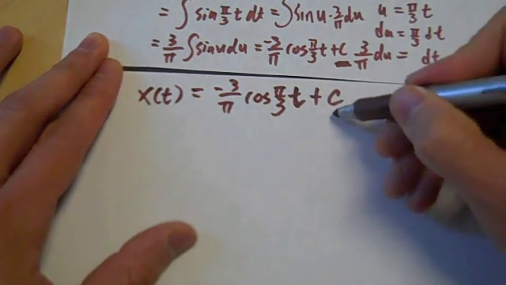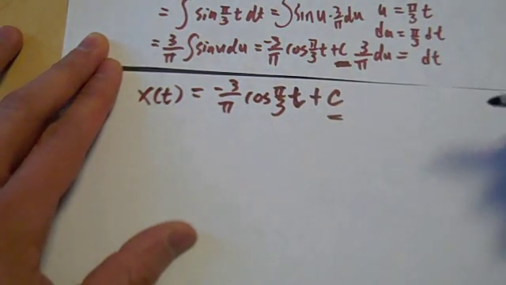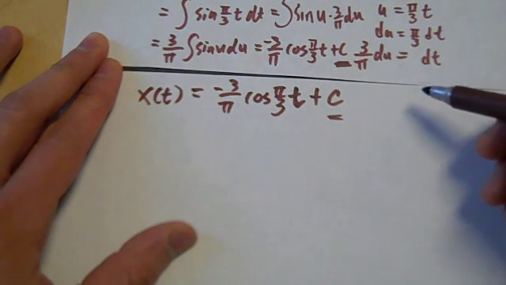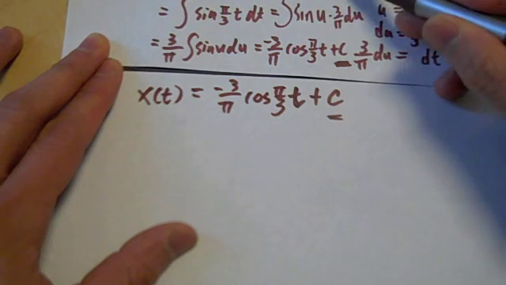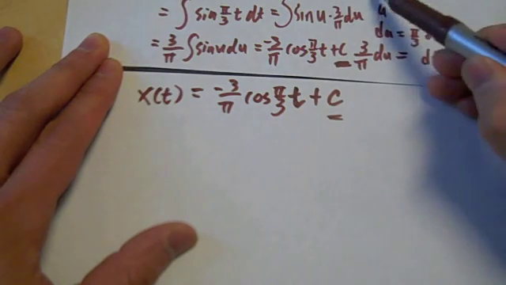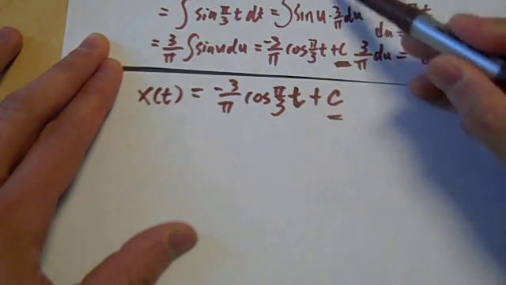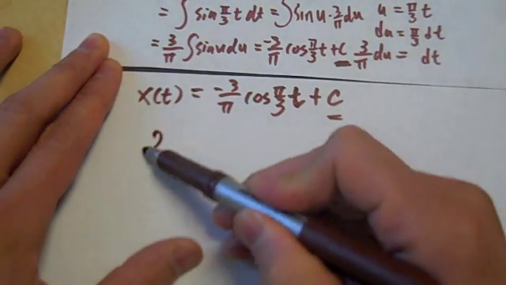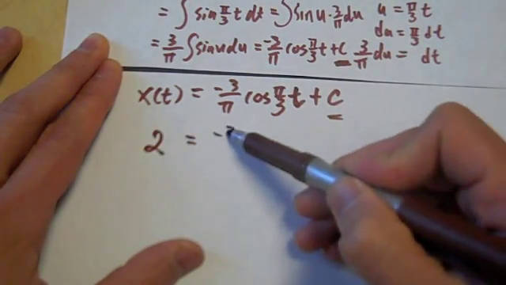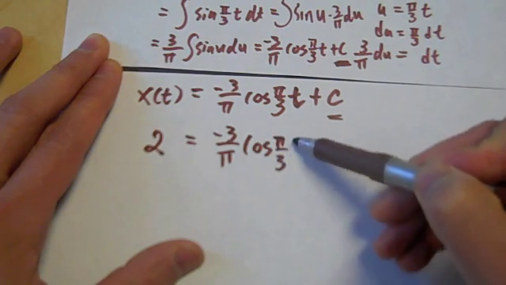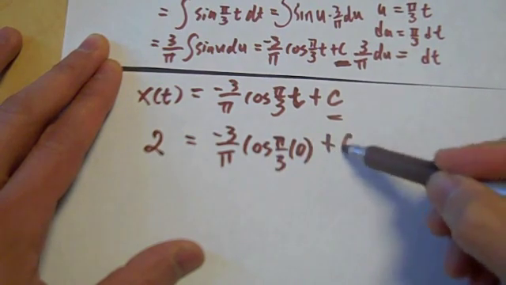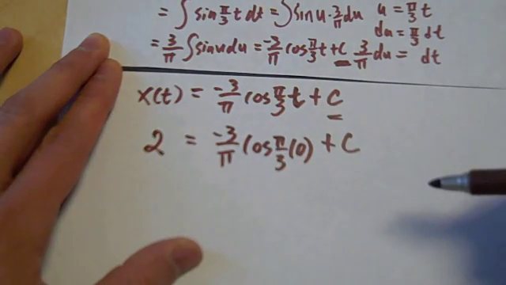Now the issue is what that c is. Well, we remember that x of 0 is equal to 2. What that means is when t is equal to 0, the whole thing is equal to 2. So we set 2 right here, and then we put 0 into t, and we want to find out what that constant is.